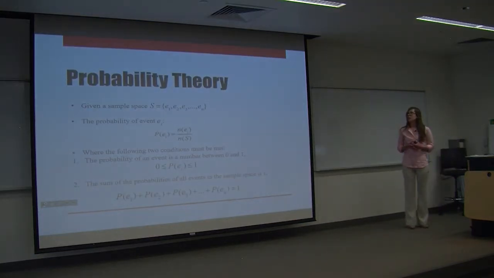I use quite a bit of probability theory within my project, so I think it's important for you all to have a general understanding of what probability theory is and how you would go about calculating the probability of a particular event.